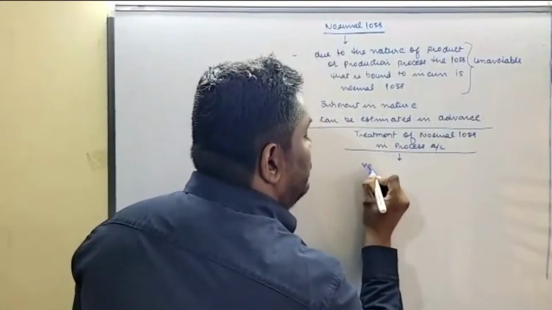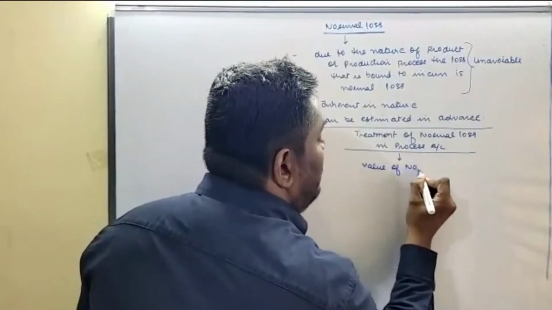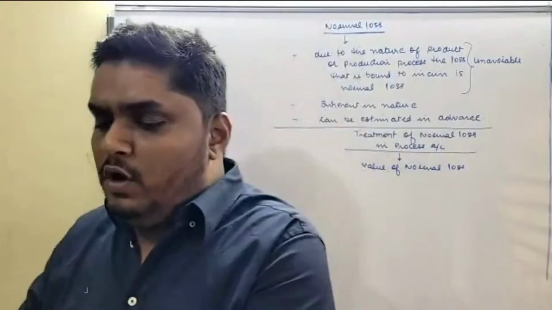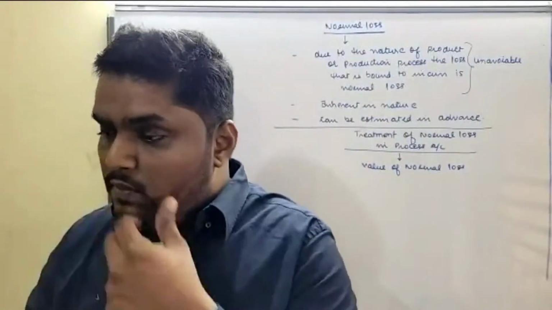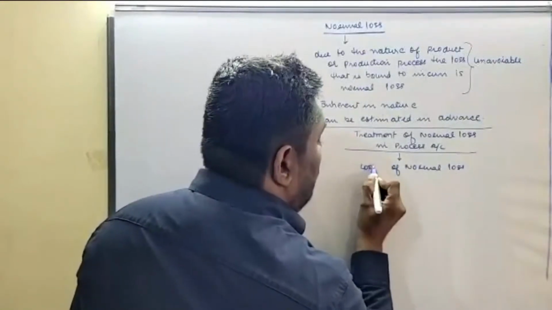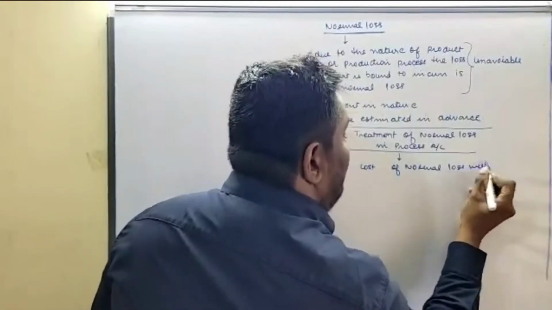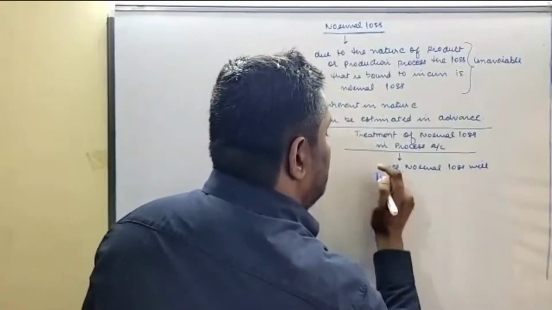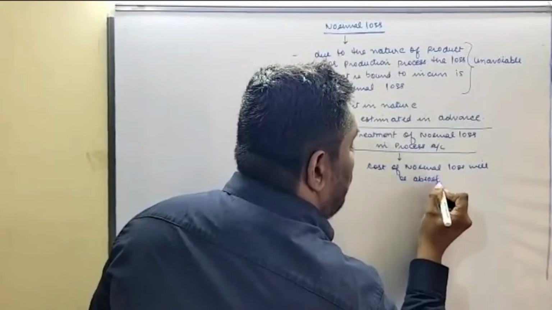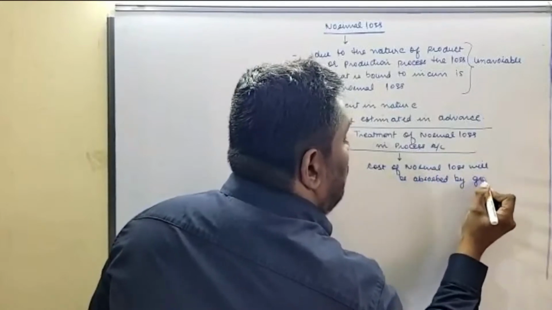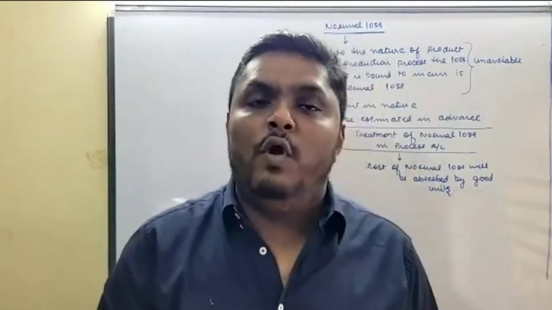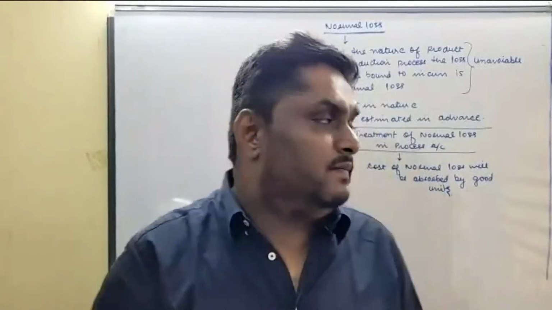The value, or we can say cost, of normal loss will be absorbed by good units.